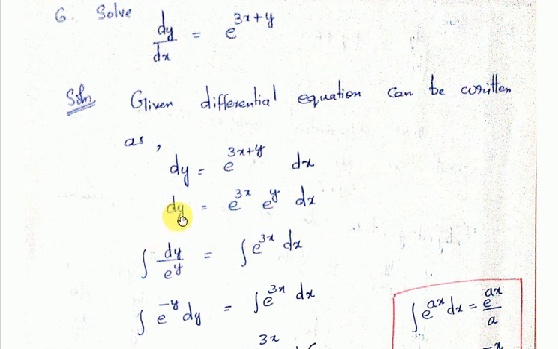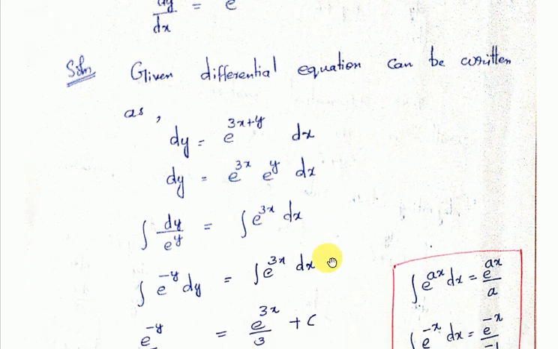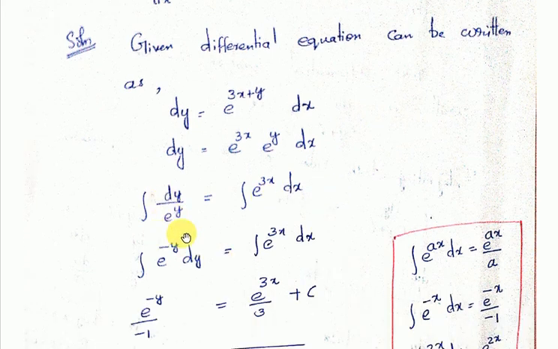That is integral dy, divided by, bring the e raised to y to the left side, dy by e raised to y equal to integral e raised to 3x dx. Divided by e raised to y, we can bring it to the numerator, this becomes e raised to minus y. How do you bring it to the numerator? This is by the law of exponents: 1 by a raised to m equal a raised to minus m.